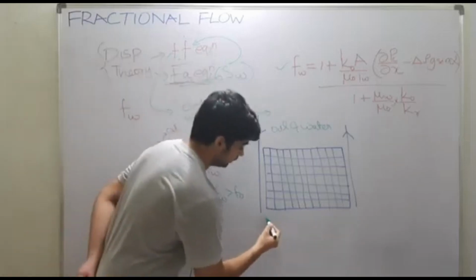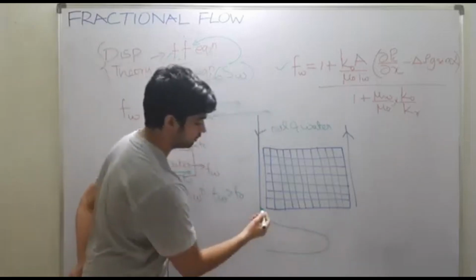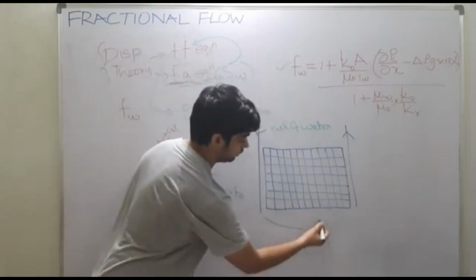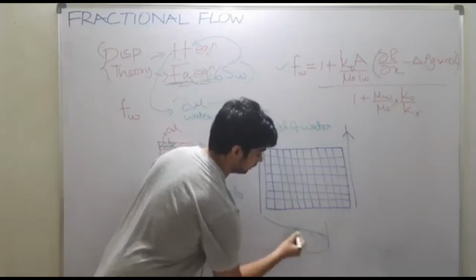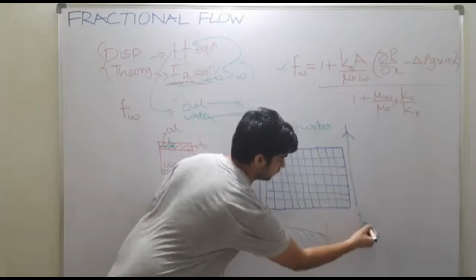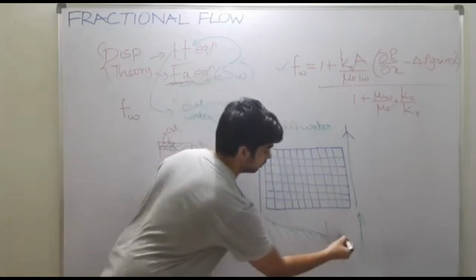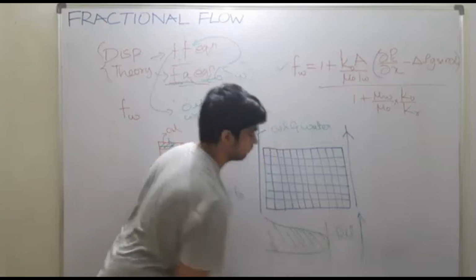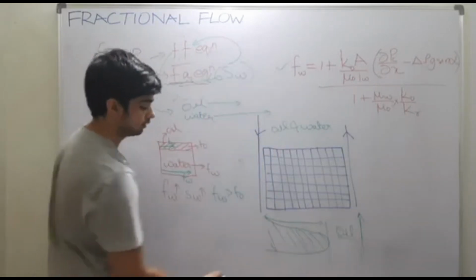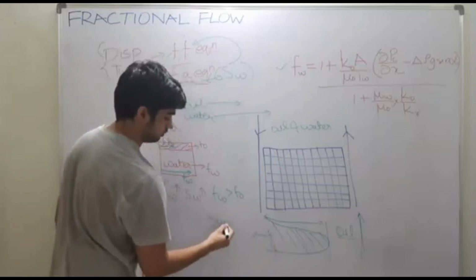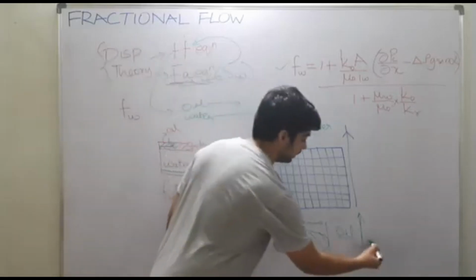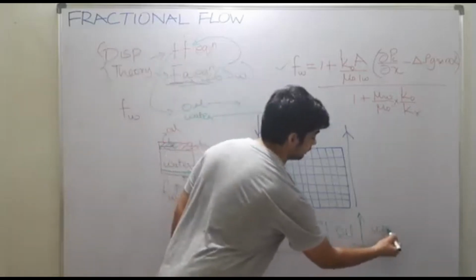Now there are a few more things. For example, you have injected some amount of water, and this portion is water, and this portion which has not been touched or swept by the water will be filled with oil, obviously. So this region will be called the swept region, and this region will be your unswept region.